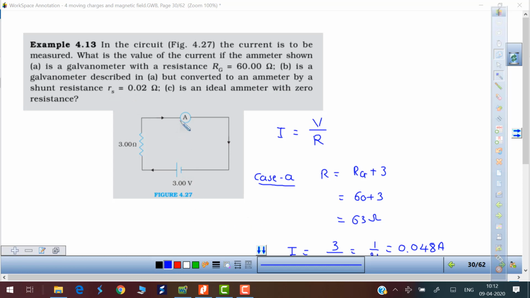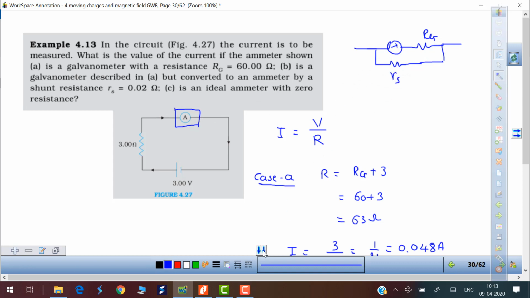So now you say this is 3 ohm and now this is your ammeter. So I can draw like this. This is your galvanometer and connected with the shunt. This is Rg.